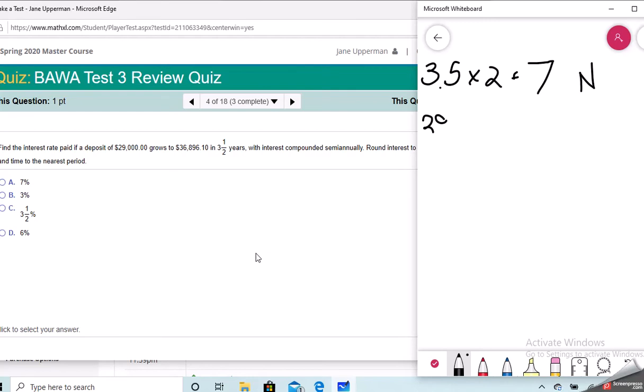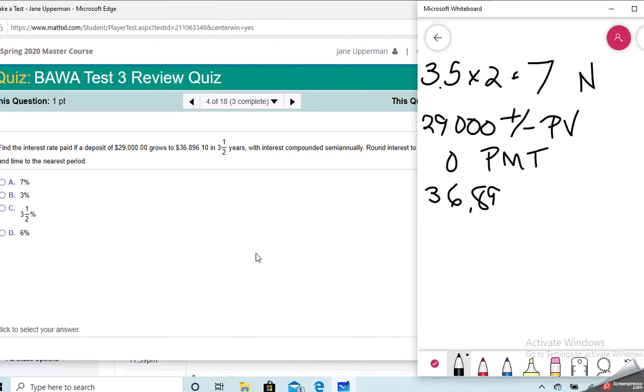The 29,000, now this one, it's very important that you hit the plus or minus button. If you do not, you will get an error. That is your present value. Still no payment, so we zero that out. And then our future value is $36,896.10.